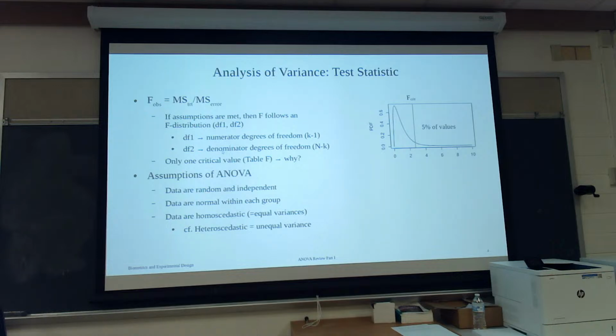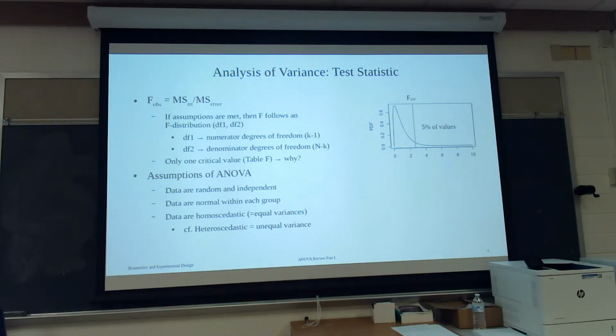All right, so we need to know what our degrees of freedom are to generate our p-values. Now, if our assumptions are met, we can just go right to that actual curve of the F statistic to calculate our p-value. And our p-value then is that area under the curve to the right of our actual observed F statistic, F observed value.